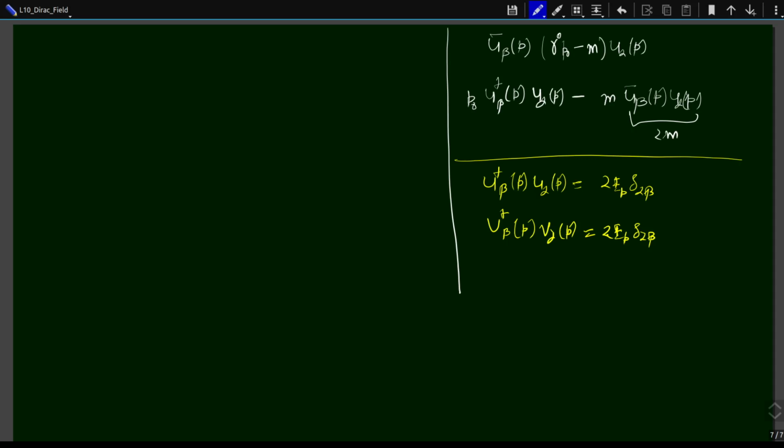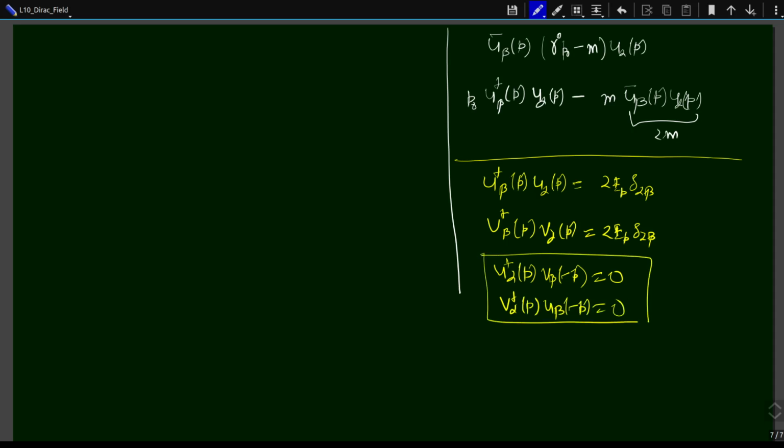And additionally, very important, u Dirac alpha of p and v beta of minus p is 0, and v Dirac alpha of p u beta of minus p is 0. So this is another set of special identities.